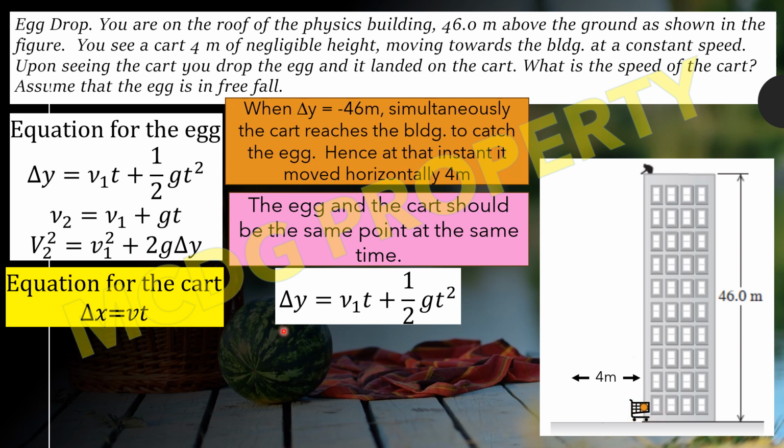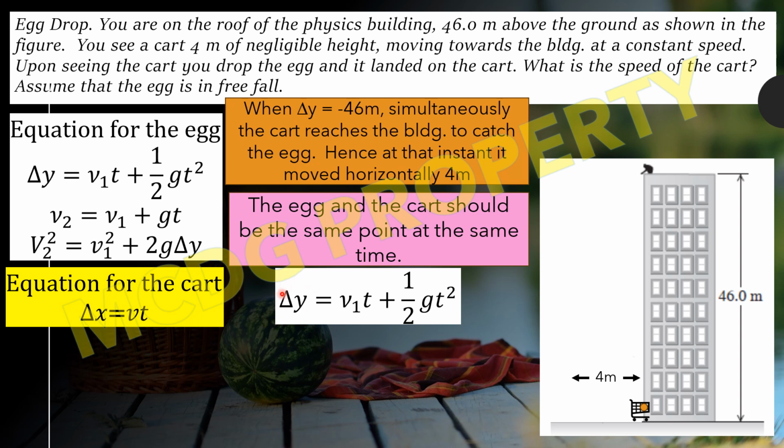We know that at the instant the cart reaches the building, the egg should be at this point so that the cart will catch the egg. So the time of fall of the egg is the same as the time when the cart reaches the point where the egg and the cart should meet.